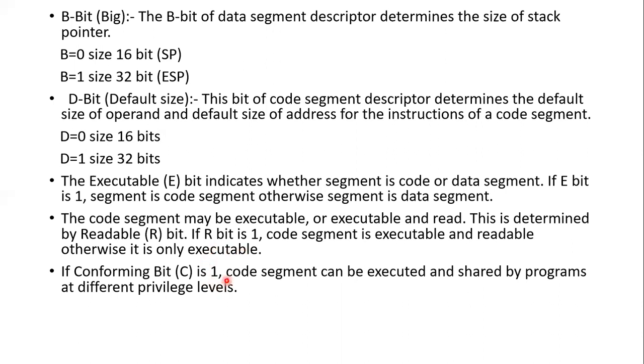If this bit is 0, then it cannot be executed and shared. I'll repeat again: the conforming bit, that is the C bit, if it is 1, then the code segment can be executed and shared by programs at different privilege levels.